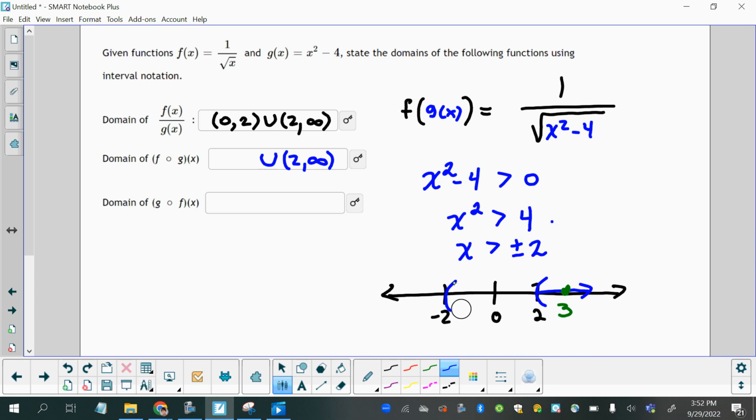What it actually should be is going the other way, I meant to say less than negative 2. So values down this way to the left of negative 2, such as, say, negative 3 as an example. Well, negative 3 squared will give you positive 9, and positive 9 is greater than 4. So that's what we want on the other side, from negative 2 down to negative infinity.